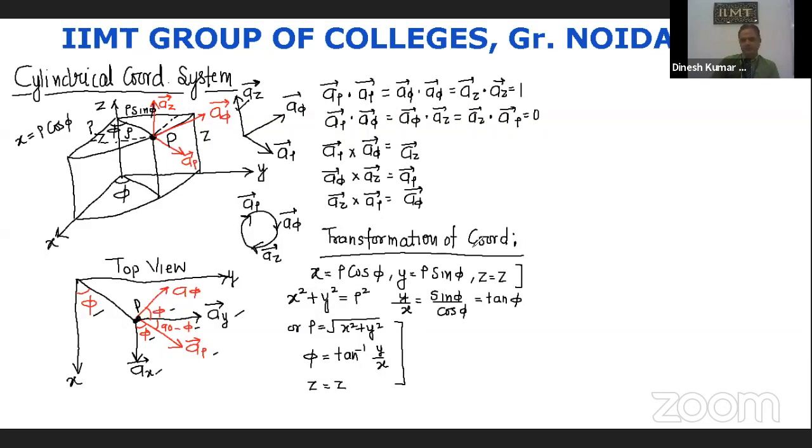Next is transformation of vectors. We have learned how to convert coordinates from one coordinate system to another. Next is how to convert a vector. Let us suppose a vector is given to us in the cylindrical coordinate system.